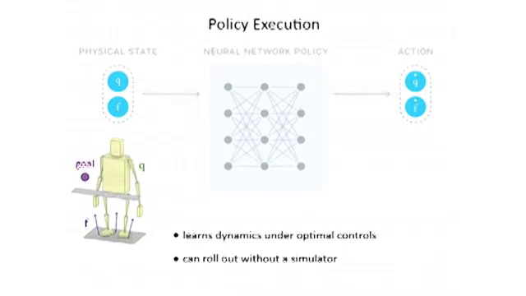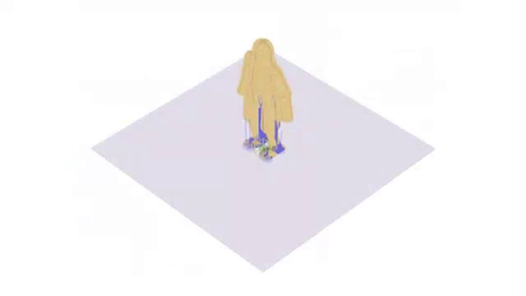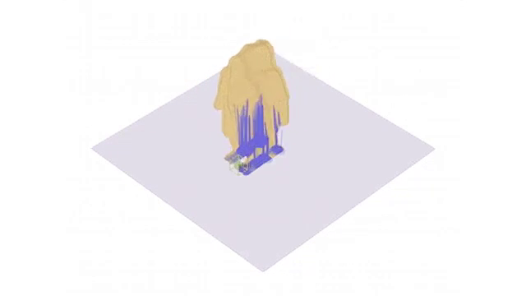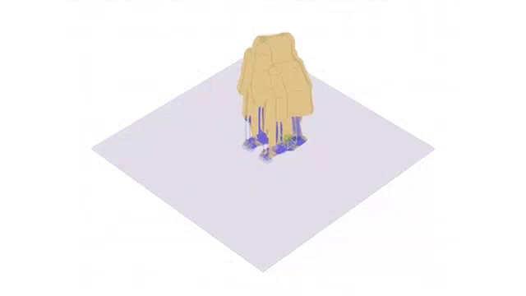One interesting aspect of this is that it ends up learning a model of the dynamics under the optimal controls. And it can possibly be used to make predictions of what the future will look like without ever invoking a simulator, so imagining how you would move in the future. And so this is one example of me interactively controlling the target, and you see that this collection of poses is trajectories predicted without ever touching the simulator.